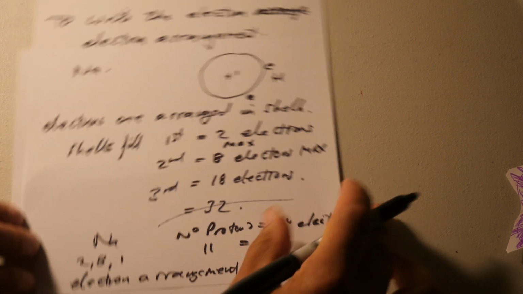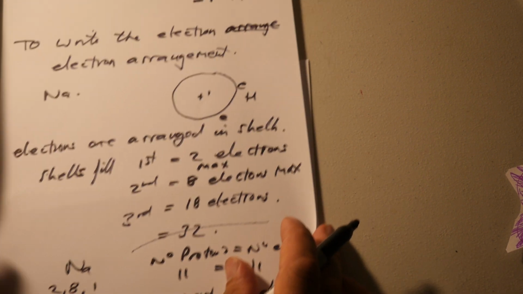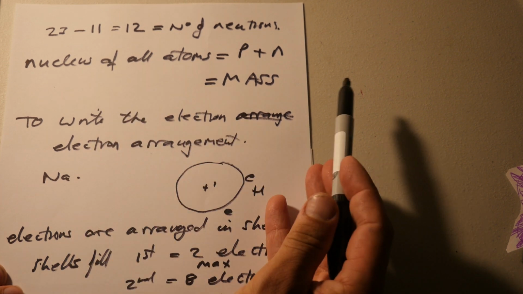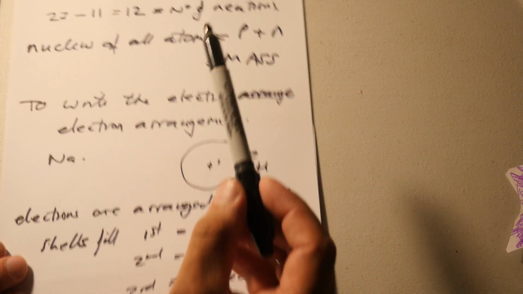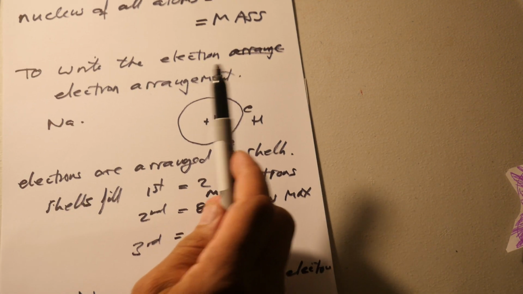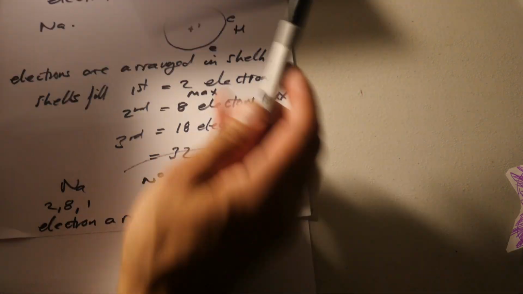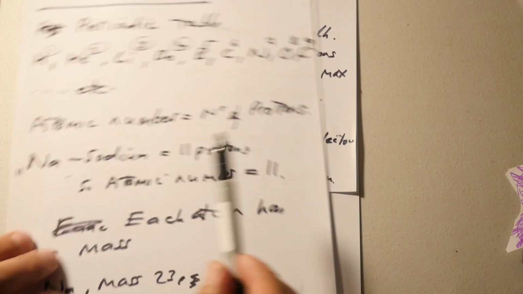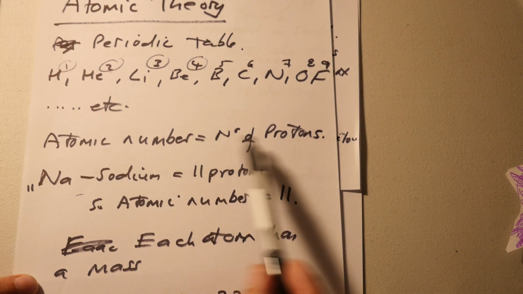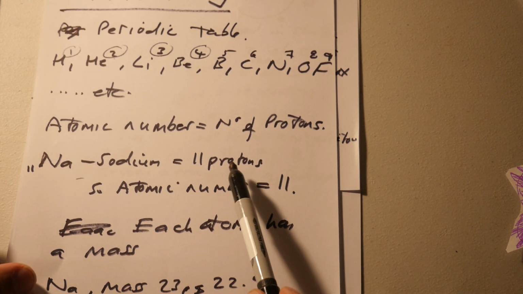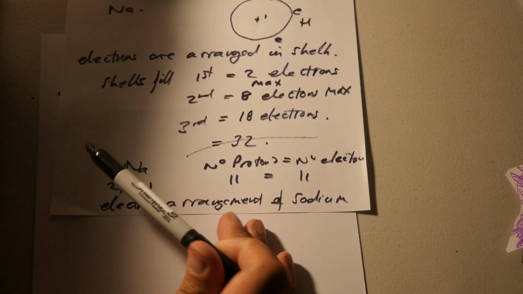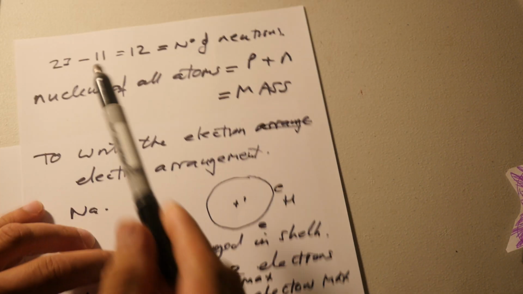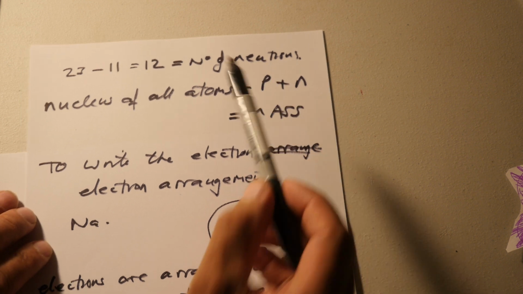I hope that's clear. So I'll go over it again. The number of electrons equals the number of protons. The number of protons equals the atomic number, okay? And sodium has 11 protons. We know the mass is 23, near enough, okay? 23 minus 11 equals 12, which is the number of neutrons, okay?